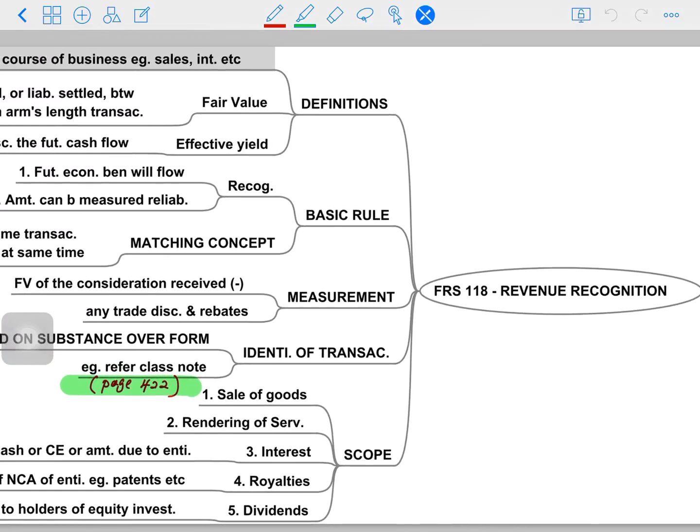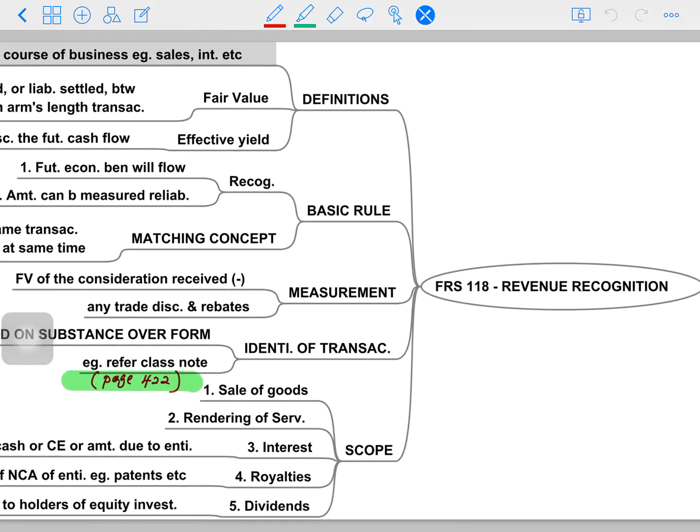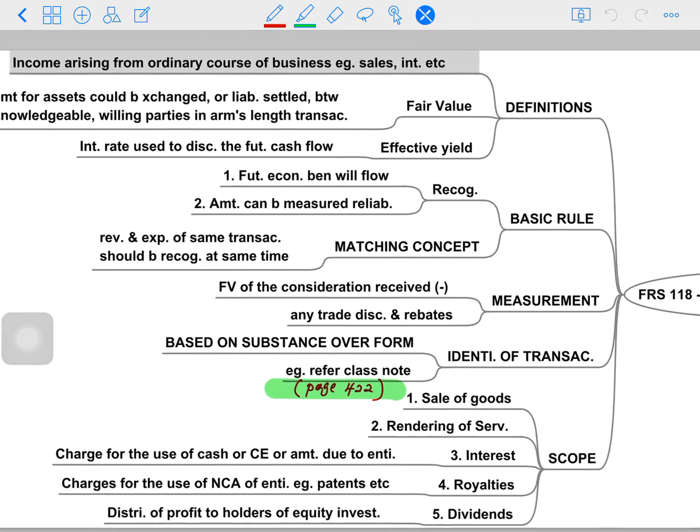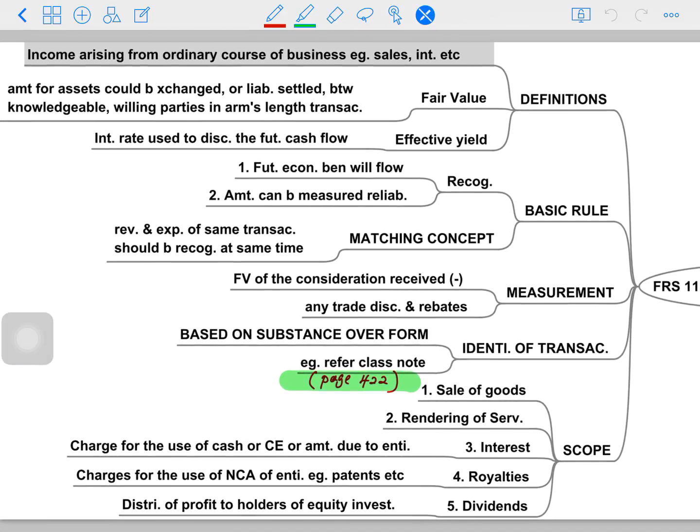Let's take a look at the first FRS here, which is FRS 118, revenue recognition. First the definition. FRS 118 discusses revenue which is in the ordinary course of business, meaning the revenue that you get from your ordinary business transactions. If you are in a business of, let's say, buying and selling cars, then when you buy and sell cars, you have revenue.